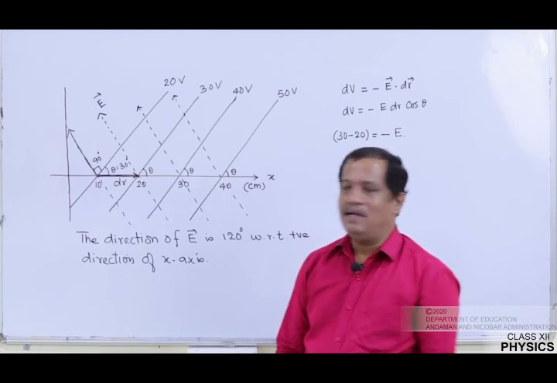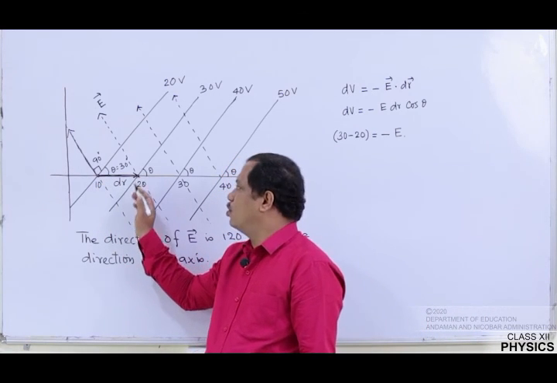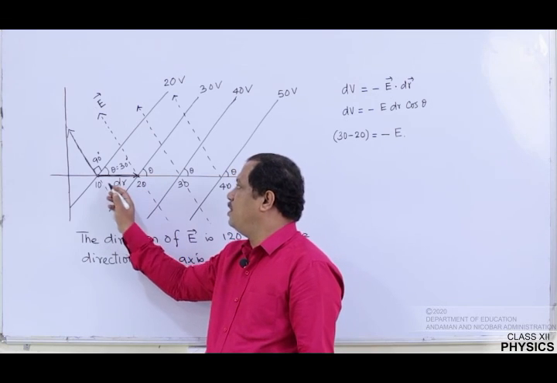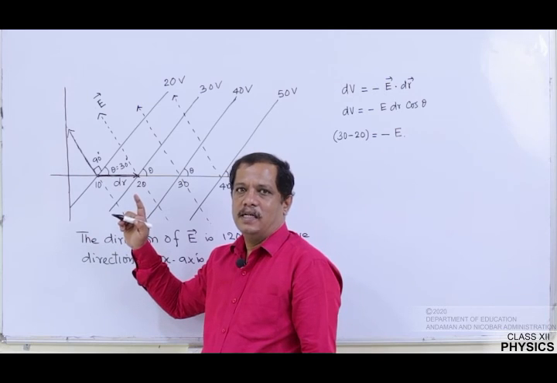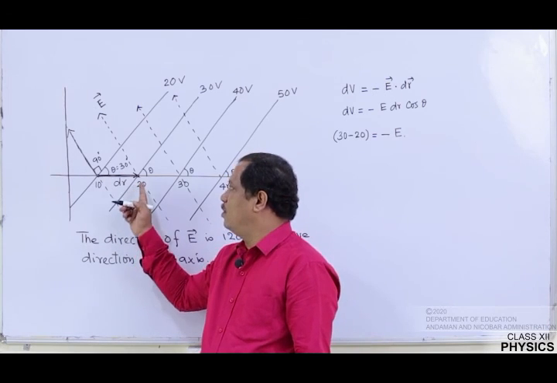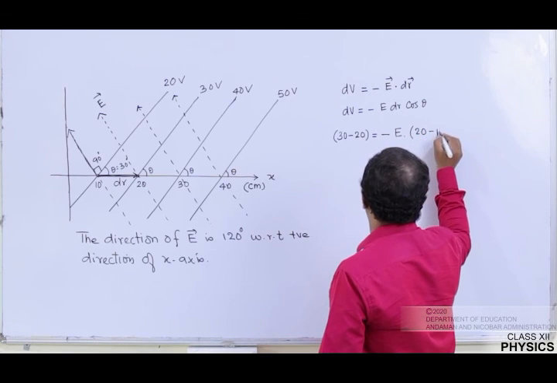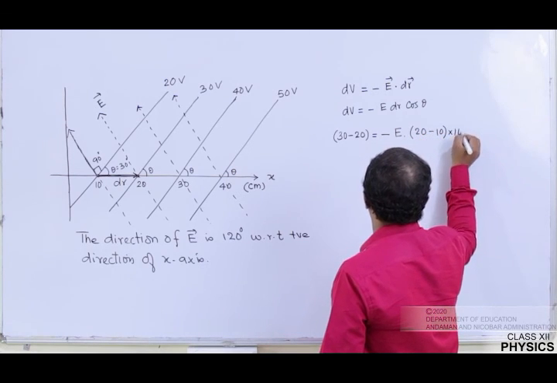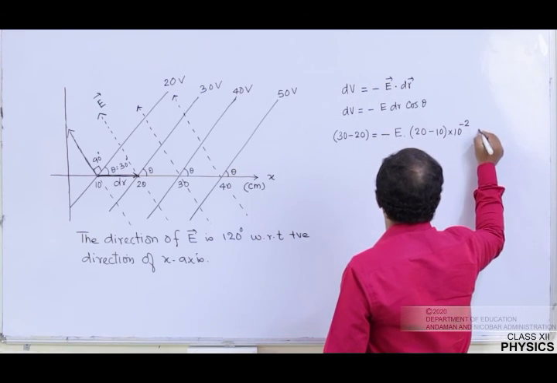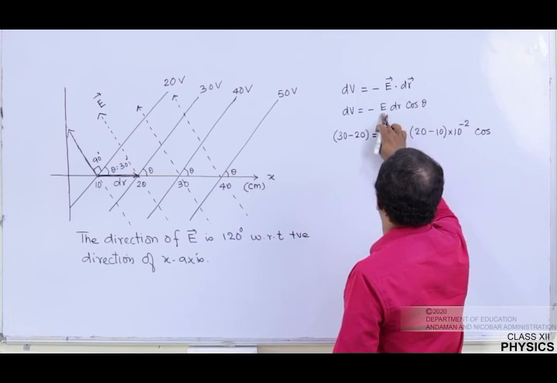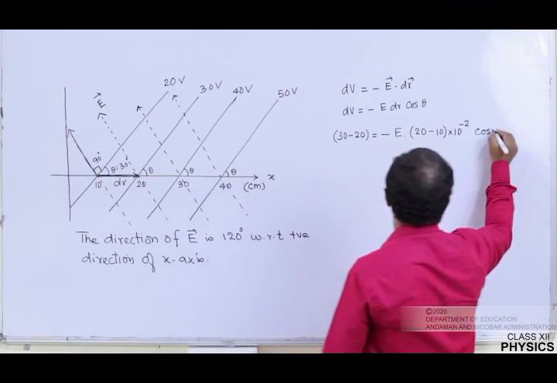For dr, I move from this point to this point, so the final is 20 centimeter and the initial is 10 centimeter. So 20 minus 10 centimeter, converting into meter, is 10 to the power minus 2 meter, times cos theta, where theta is the angle between E and dr, 90 plus 30, which is 120 degrees.